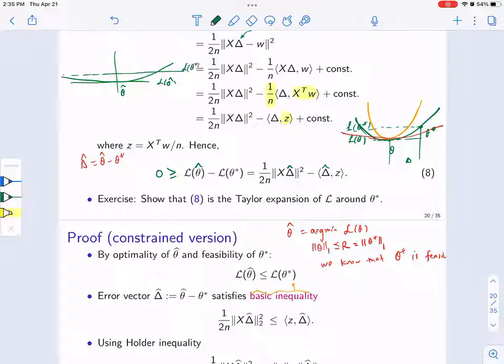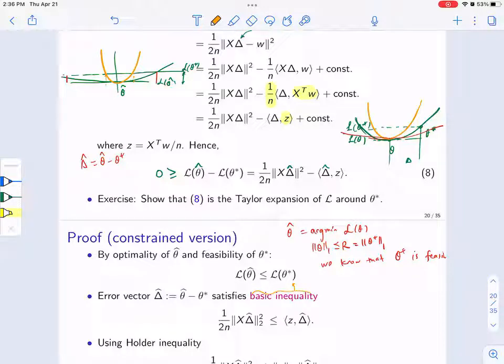The difference is small, but if you translate it back to the deviation domain, the deviation could be very large. The more flat it gets, the wider this becomes. But if it's highly curved, then for the same deviation in the loss, I would have a much better control.